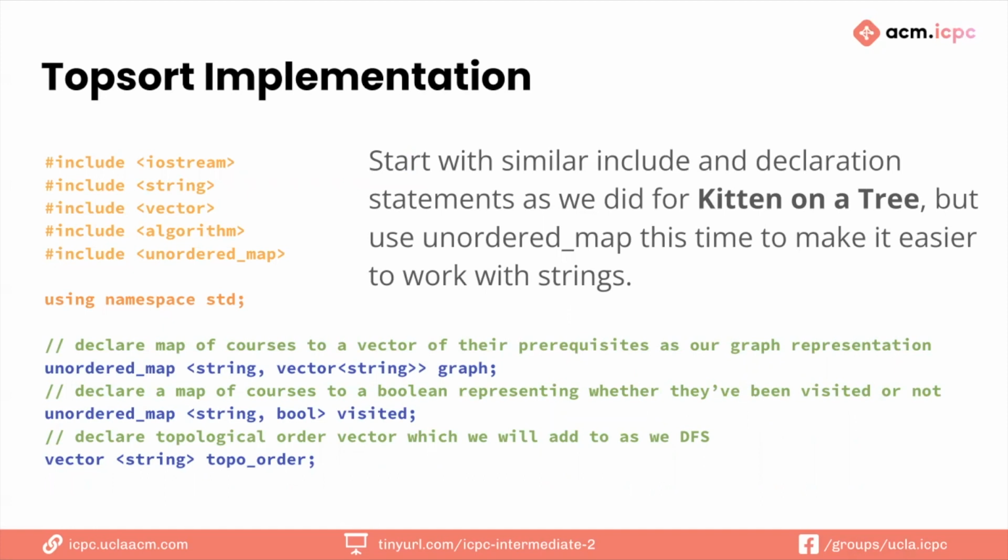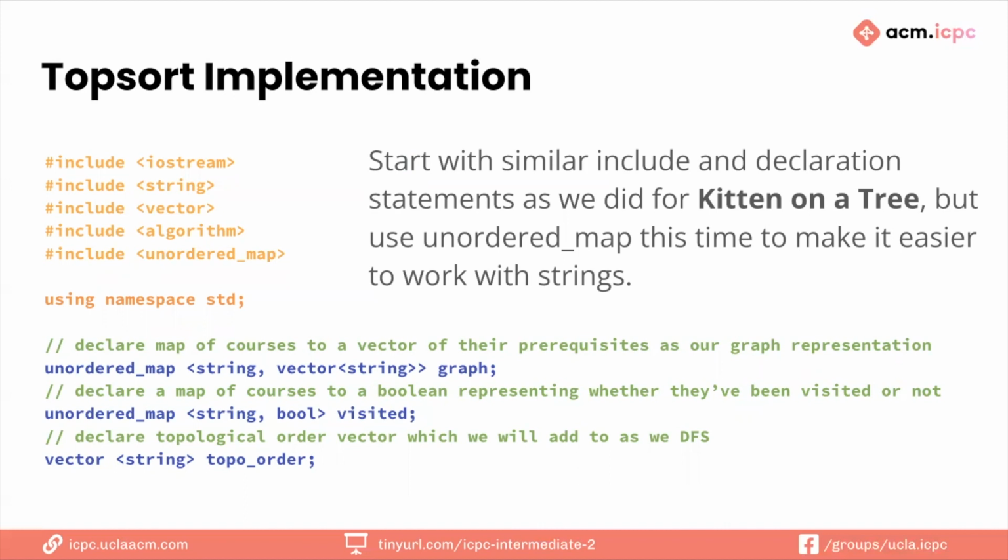For starters, we have include statements just like in the previous problem that we considered, but in this case, we also include an unordered map because we use it to store the graph itself. And then there are several global variables that we have. First of them is our graph, which is a map of key value pairs where keys are strings, the classes, and the values are vectors of strings, basically vectors of classes that are required for that key class.